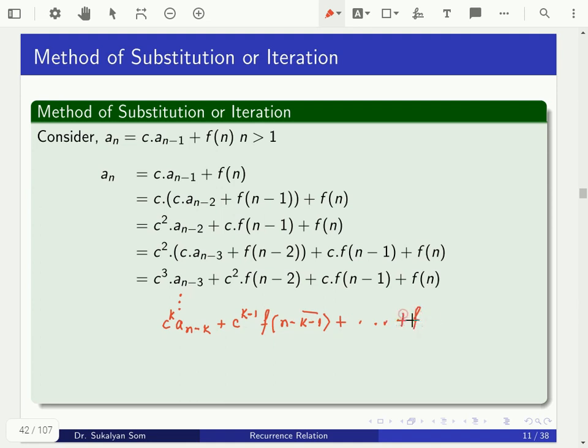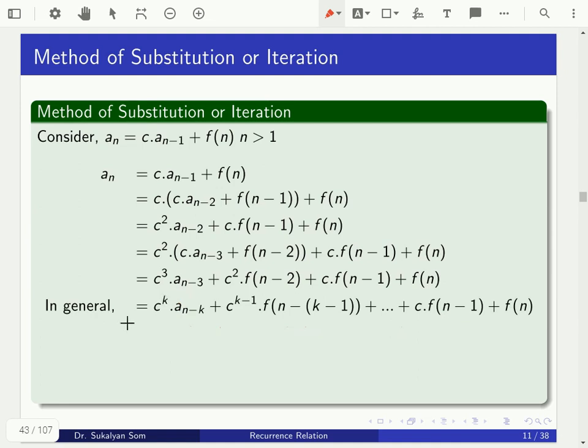Now, our objective is to get the initial condition in place of this a_(n-k). Let us assume that the initial condition is a_0 equal to k. Then we are supposed to make a_(n-k) become a_0, and to do so, we have to equate n-k with 0. From this we get k equal to n.